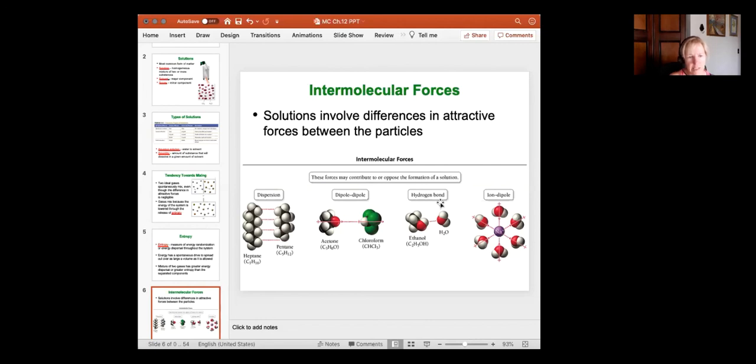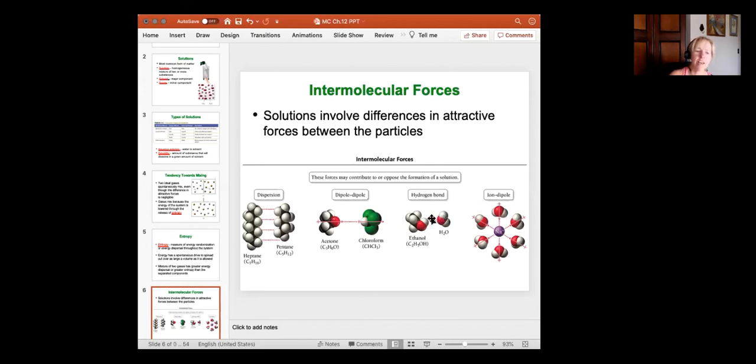Hydrogen bonding is a specific type of dipole-dipole that's kind of misnamed because it's not a bond. It's still an intermolecular force, but it happens between molecules where hydrogen is bound to a highly electronegative element: oxygen, nitrogen, or fluorine.